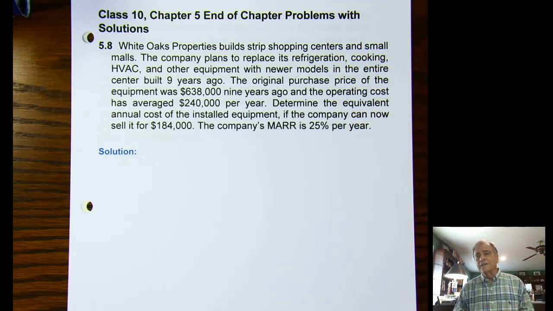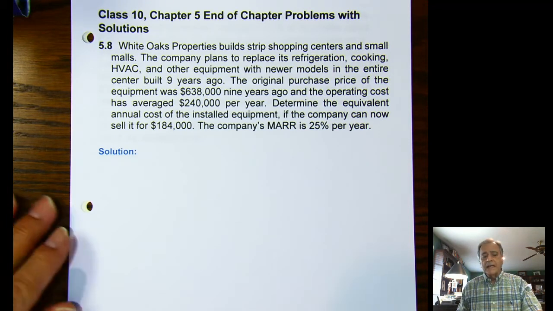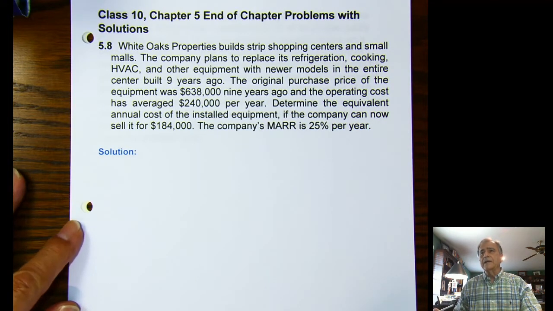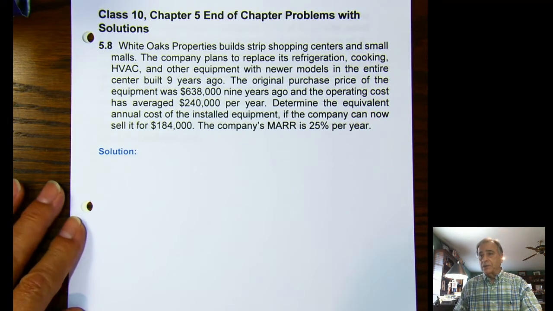But in this case, this problem does look at the past, and it asks us to accumulate what is the annual cost over the past 9 years for some equipment. So let's read the question and then look at what the data is given and what they're asking for, as we usually do with these problems.